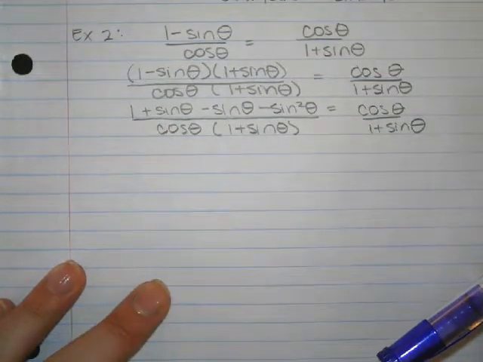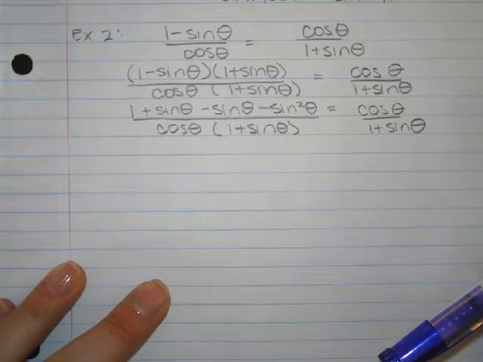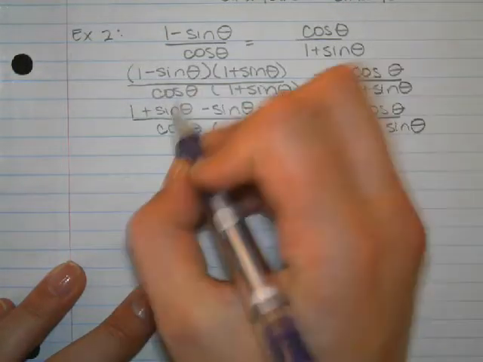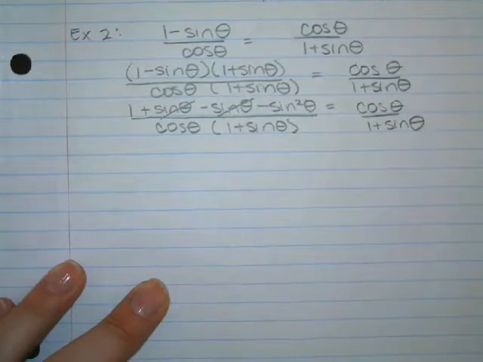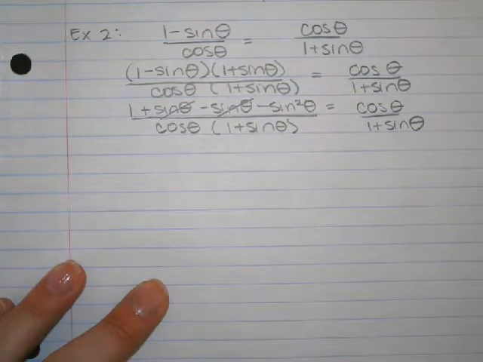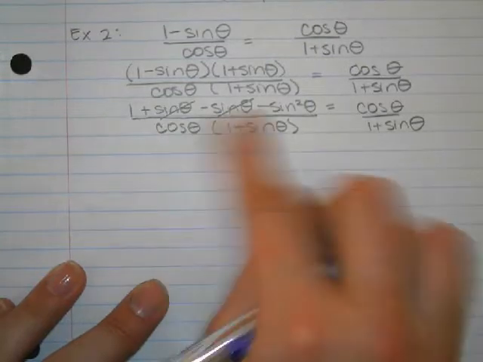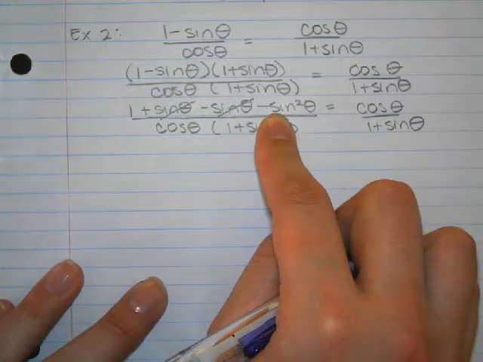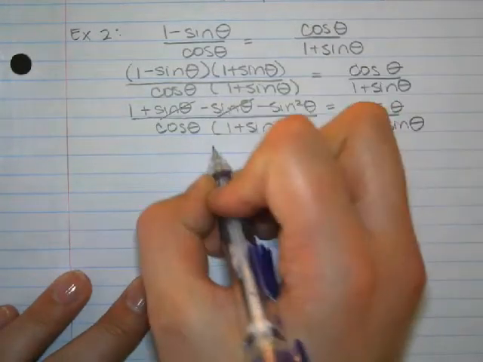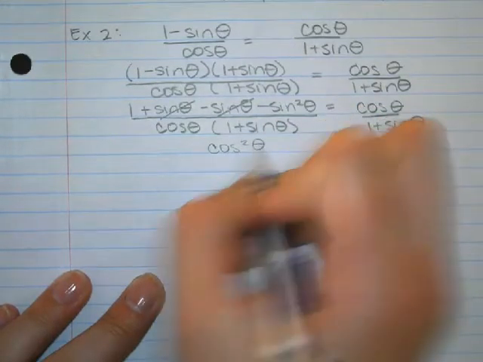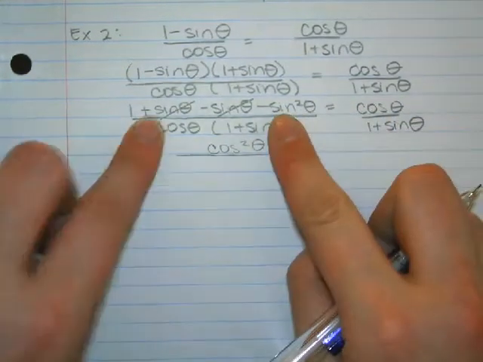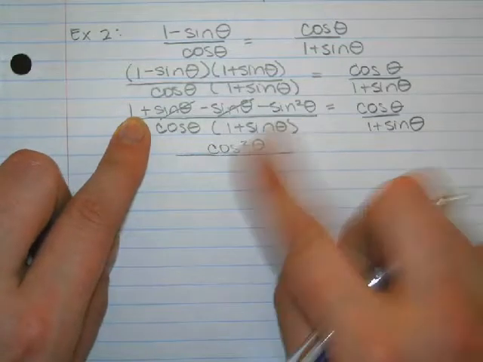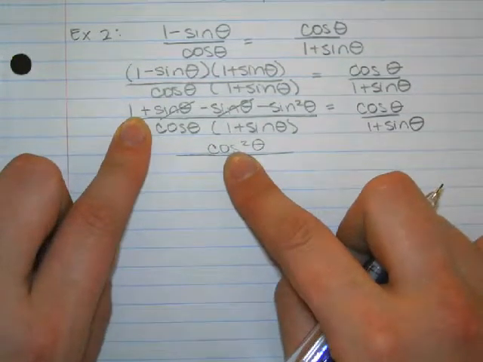Okay, what do we see with the top? The signs cancel, right? So we are left with 1 minus sine squared, which is cos squared. Okay, so I'm going to say cos squared. 1 minus sine squared is cos squared. It's one of the Pythagorean identities.